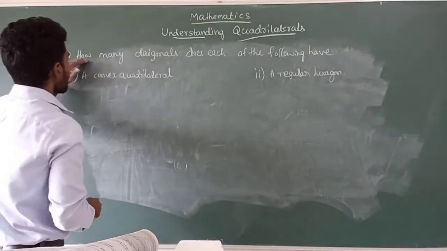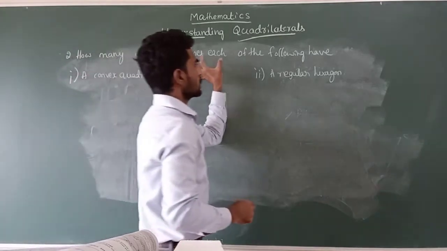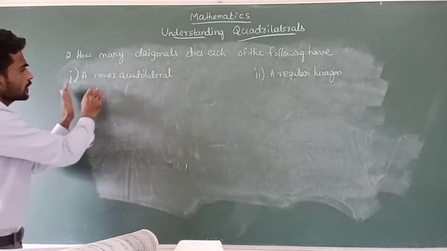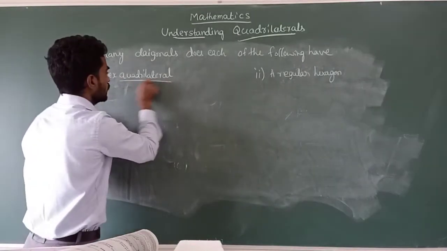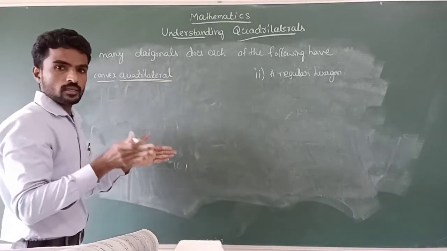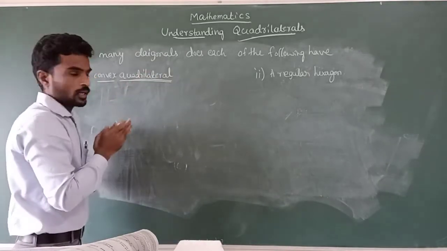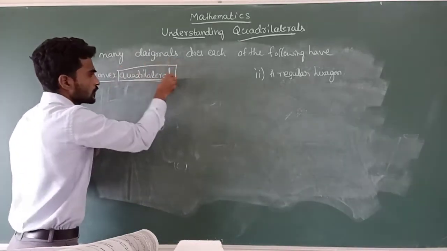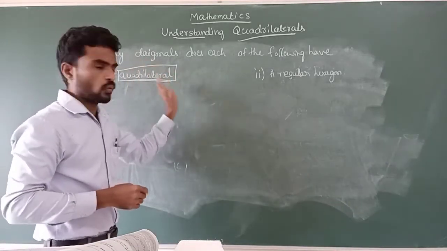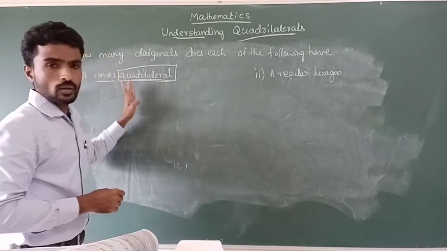Here they are given: how many diagonals does each of the following have? In that the first sub question is a convex quadrilateral. We already know that convex means all diagonals are inside the polygon. Quadrilateral means a polygon that has four sides and four angles is called a quadrilateral.